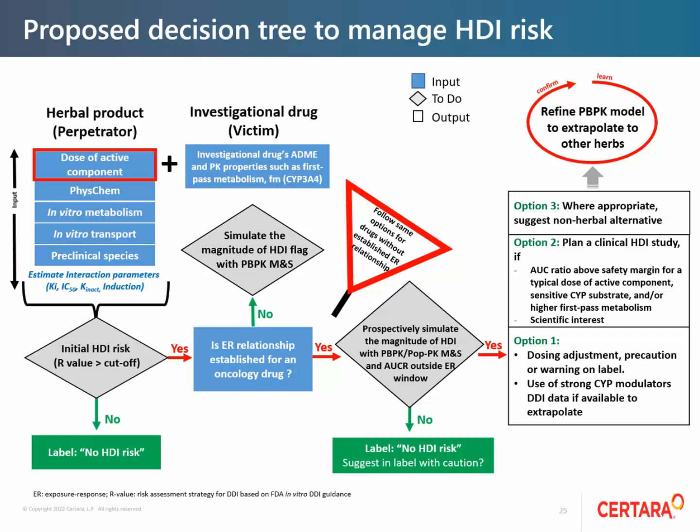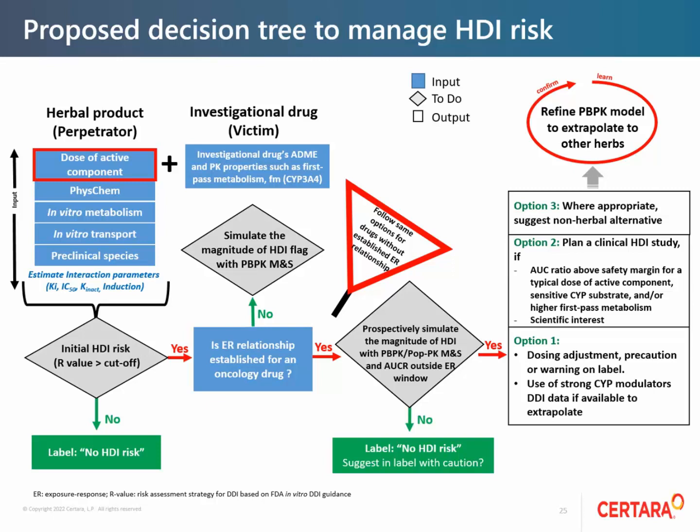You can also plan a clinical herb-drug interaction study yourself, and this would be if you have the AUC ratio go above a certain safety margin and if there's internally scientific interest to do so. Or you can also just suggest a non-herbal alternative where appropriate. So for example, the general recommendation with grapefruit juice is to just take water.